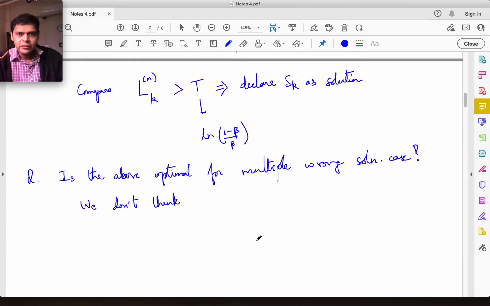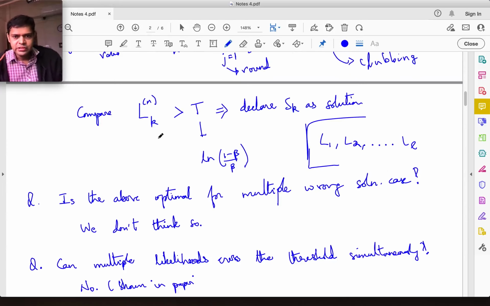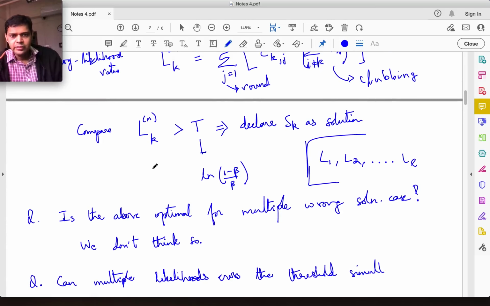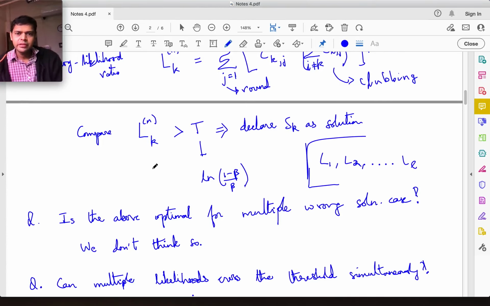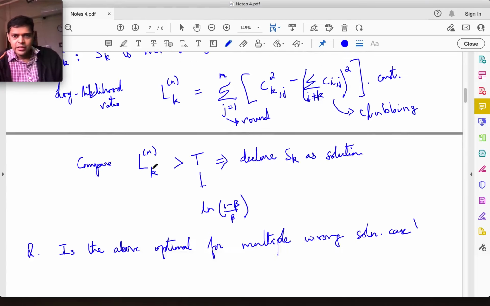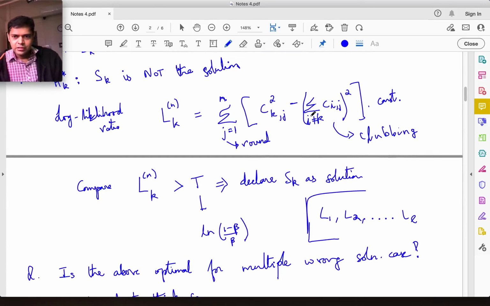So this miracle algorithm is known. This is the generalized version of miracle, where you have any number of solutions submitted by the adversary. So what should he do? Should the attacker submit S2 in one round and S3 in the next round? Should he submit 3 solutions in a particular round? What is his best strategy? Let's think about it.